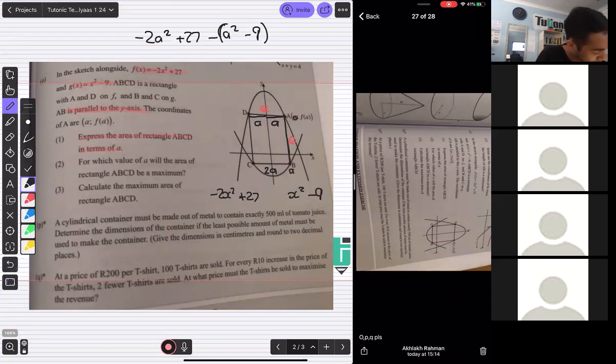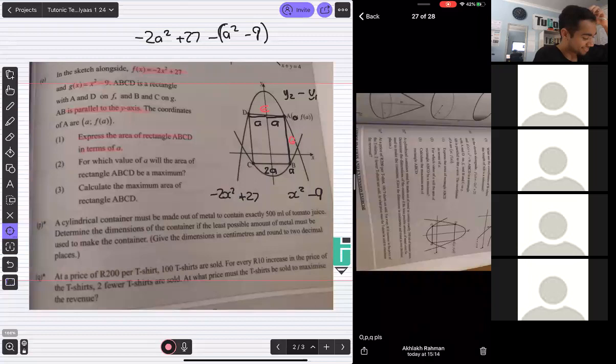So I want to work out the distance, so I say the y of the first minus the y of the second. But the y of the first is just f of A, which is just minus 2A squared plus 27, because it's this function. And B is x squared minus 9, but we're subbing in A. So it's A squared minus 9. Does that make sense? Yeah. Rivka?